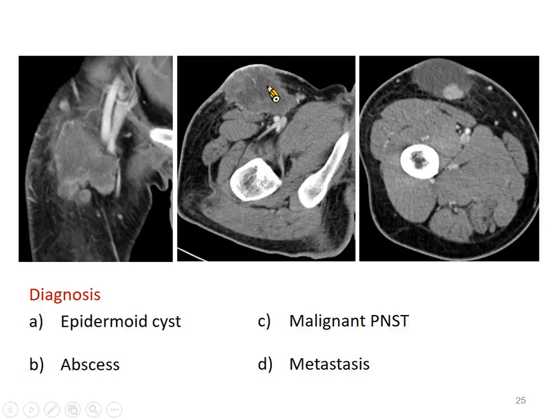So once the tumor is big, and then you can see the ulceration by the dermatologist or plastic surgeon, this could be malignant tumor.